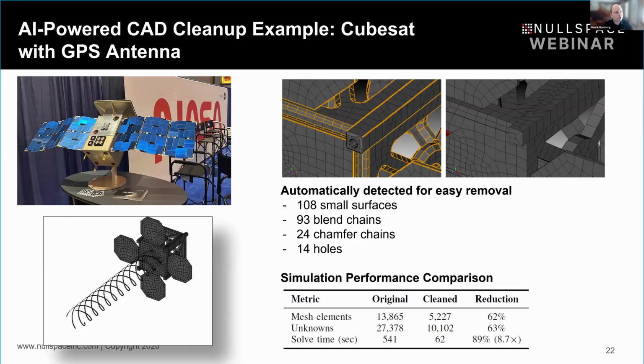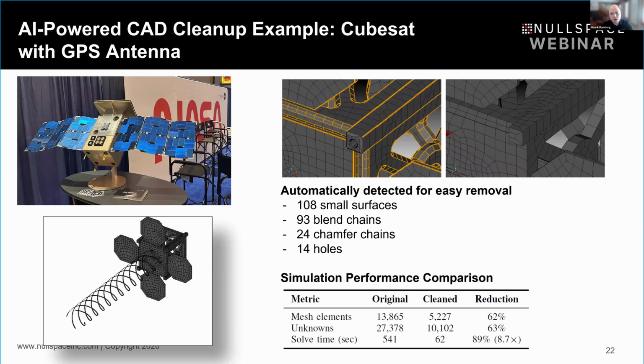I'm gonna move on to one more thing here that I want to mention that we just came out with here at Nullspace. This is a little different from what we just showed you with the vehicle, but we wanted to highlight the AI powered CAD cleanup that you can do, and here it's demonstrated using a CubeSat.